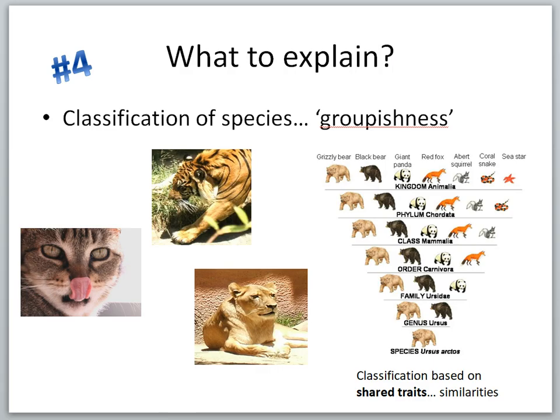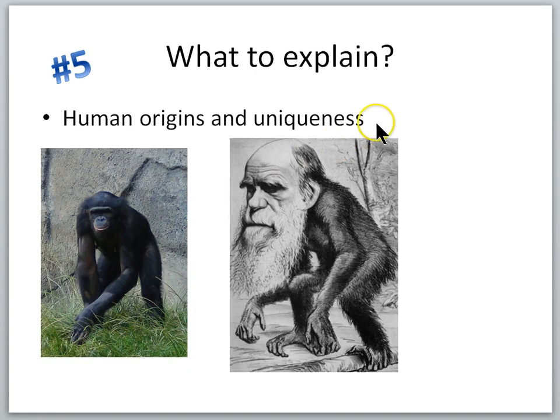Now these 4 puzzles then were the historical puzzles facing naturalists of the 1800s. And Mr. Darwin, the biologist, is going to come along and propose solutions to the puzzle. And after he did so, it raised another immediate puzzle, and we'll call this puzzle number 5, human origins.